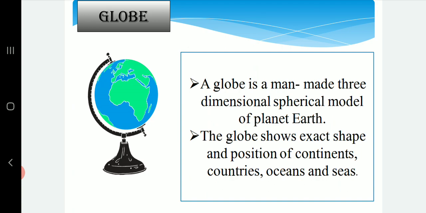It is a 3D spherical model of planet Earth. It also gives the position of continents, countries, oceans, seas, each and everything that is there on the earth. It gives a miniature model and we can learn each and everything with the help of a globe.